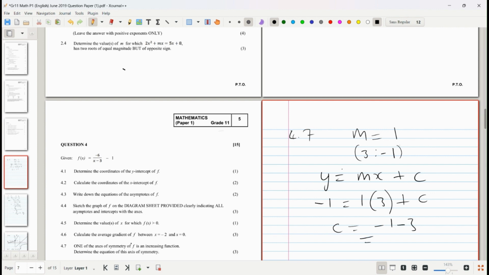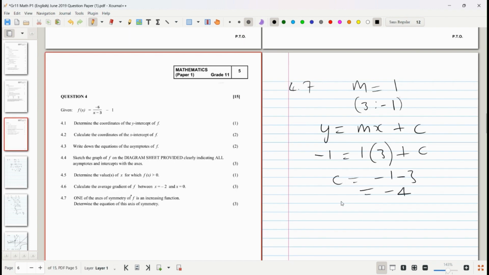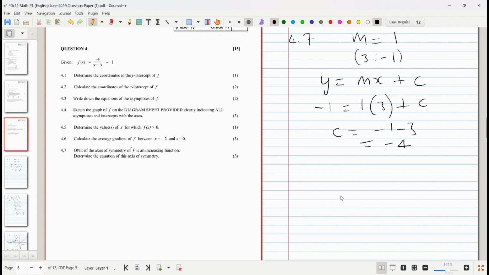And then our c value will be -4. So we can now write this equation. This equation will be y equals to m, which is 1, times x, minus 4. So this is the equation of this axis of symmetry.